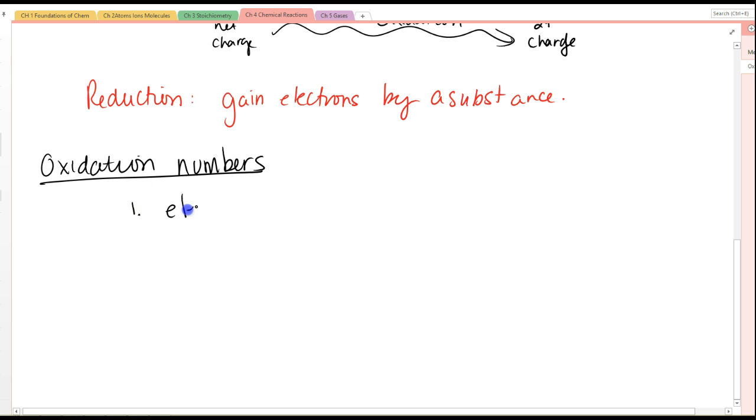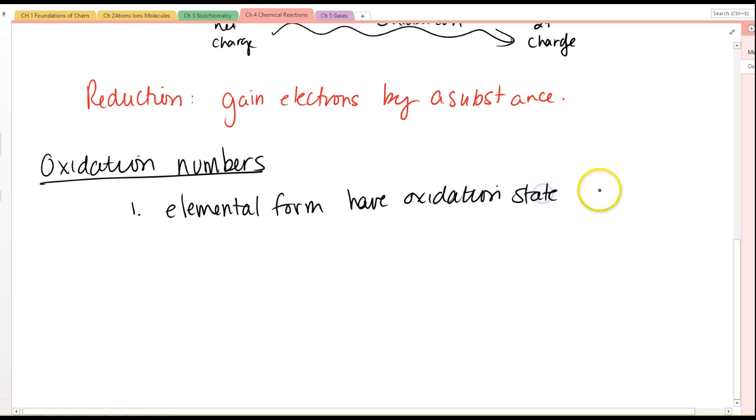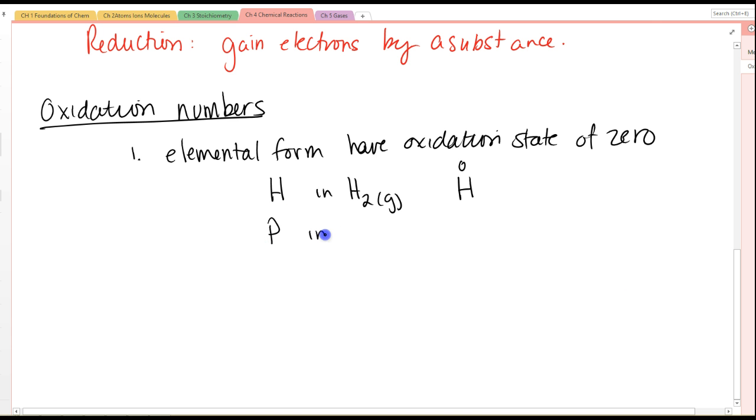Atoms in their elemental form always have an oxidation number of 0, or an oxidation state, we call it. For example, the hydrogen in hydrogen gas has an oxidation state of 0. We generally draw the oxidation states above the species. Phosphorus in P4 solid has an oxidation state of 0.